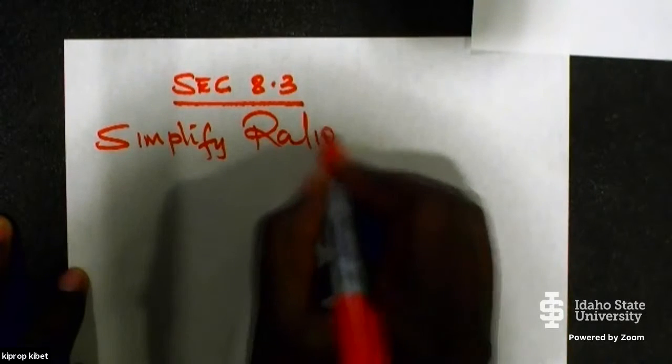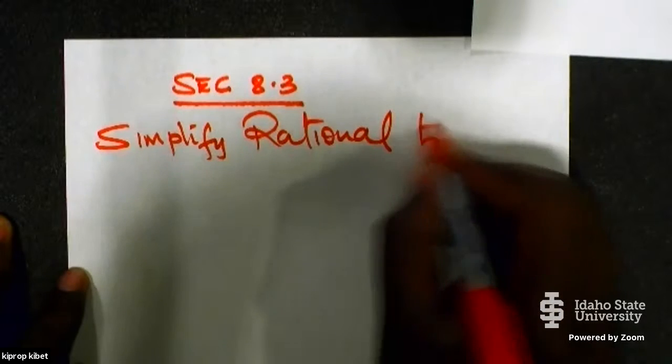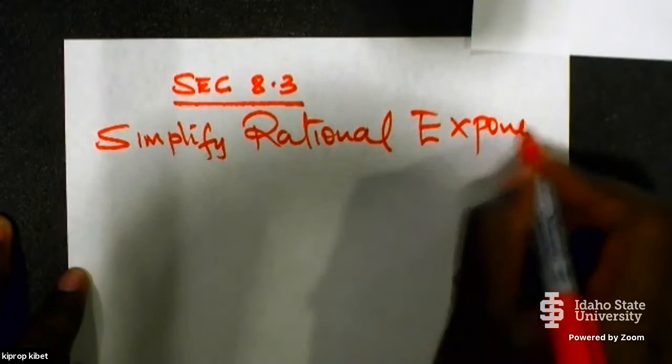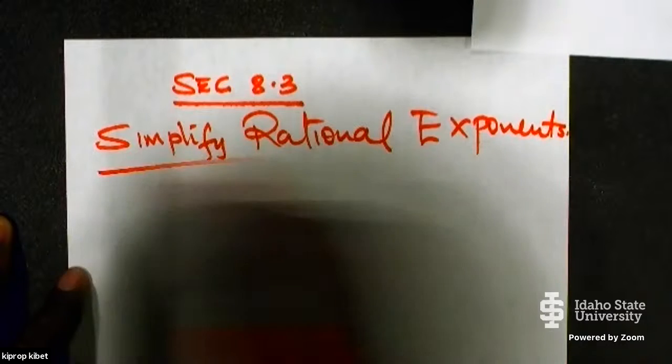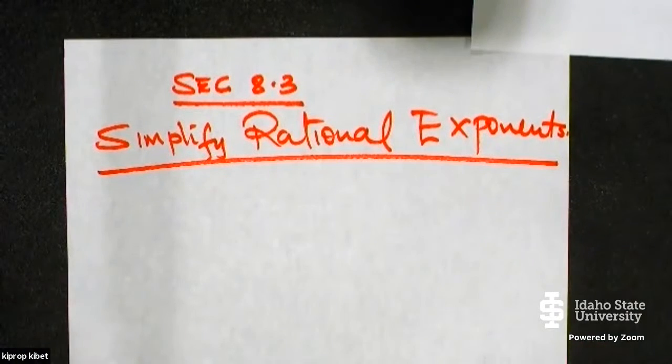So let's look at section 8.3. And this one is simplify rational exponents.